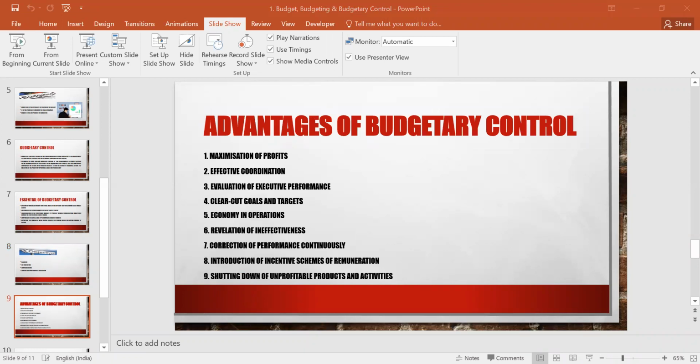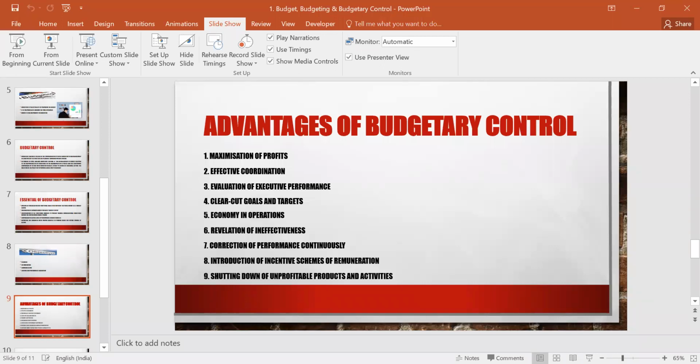How are the budgets going to maximize profits? If you have planned everything properly and everything is executed according to your plans, obviously there will be a lot of savings. If you plan that the expenditure for a particular quarter is fixed, then you will plan accordingly. If you're working as per your plans, there will be a lot of cost savings, and cost cuttings will result in maximizing profits.